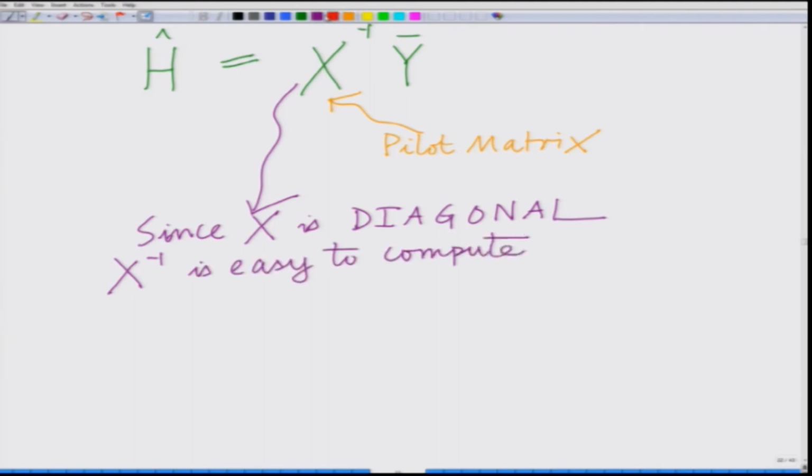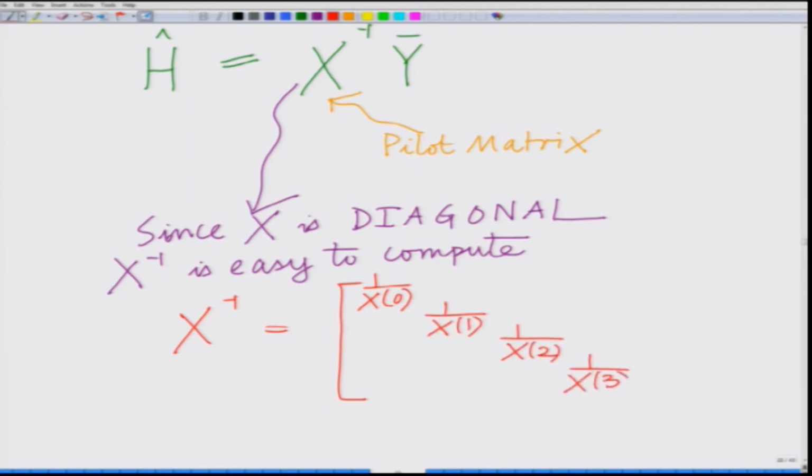When I say easy, it means it is efficient. X inverse is simply the diagonal matrix with entries 1 over x0, 1 over x1, 1 over x2, and the rest are zeros.